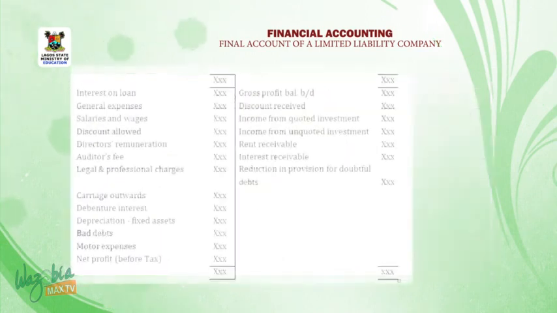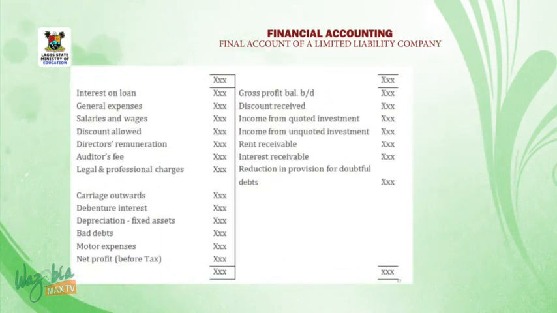On the debit side, we have the following items: interest on loan, general expenses, salaries and wages, discount allowed, directors' remuneration, auditor's fee, legal and professional charges, carriage outward, debenture interest, depreciation of fixed asset, bad debt, motor expenses. All these are debited to our profit or loss account.